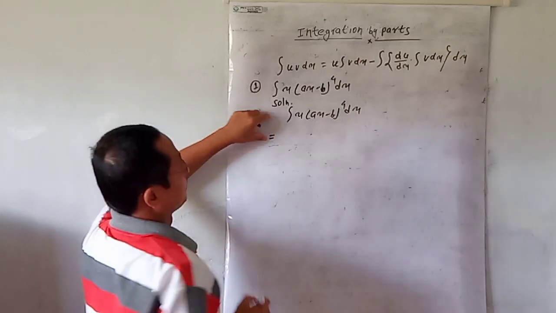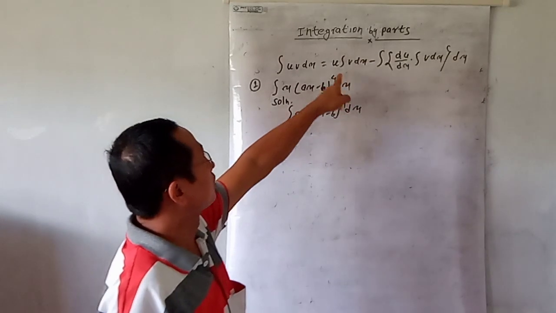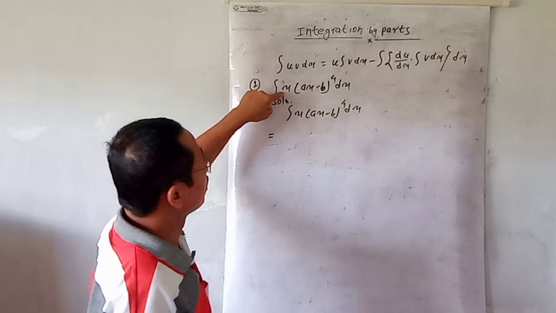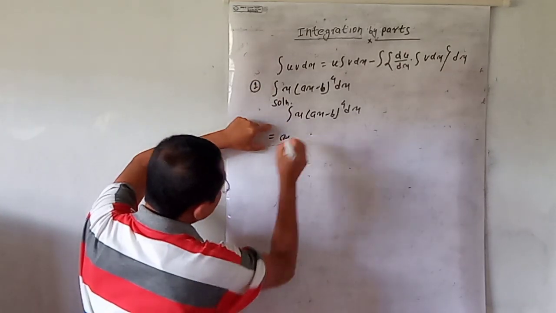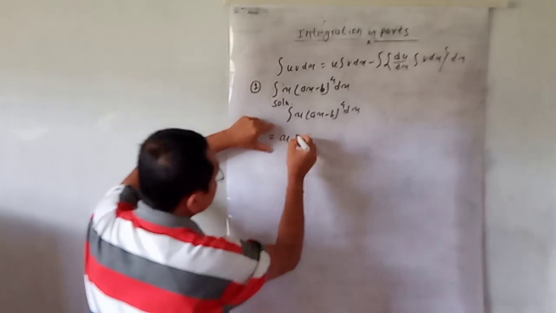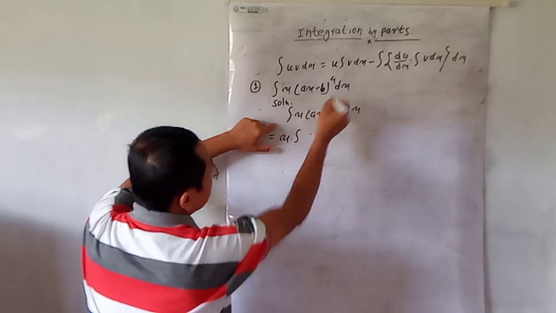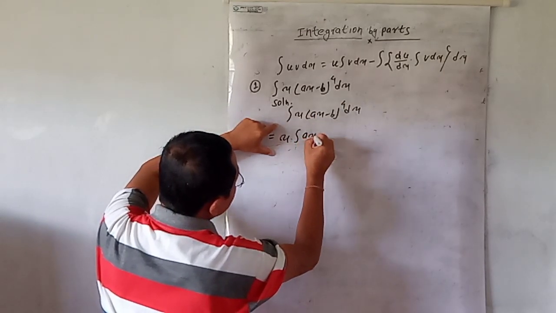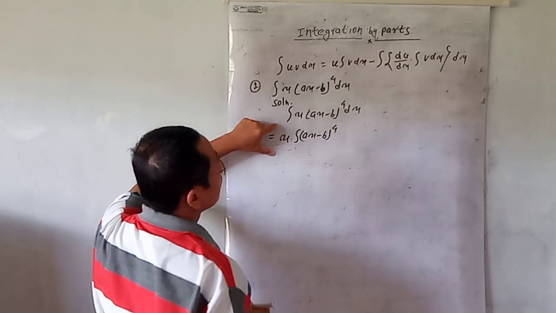Using the formula, u into the integration of v dx, where u is equal to x, the first function x, into the integration of the second function, v, which is ax minus b, the integration of (ax minus b) power 4.